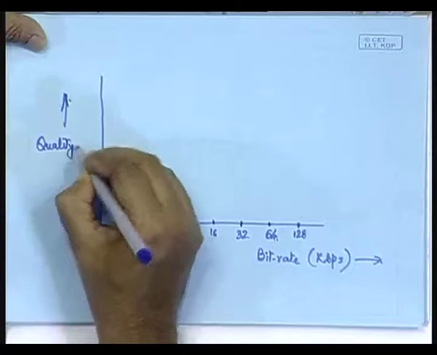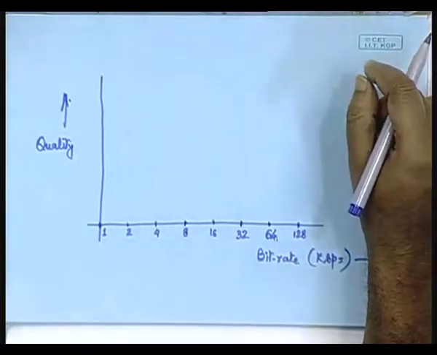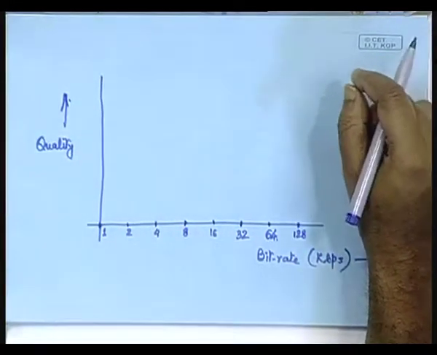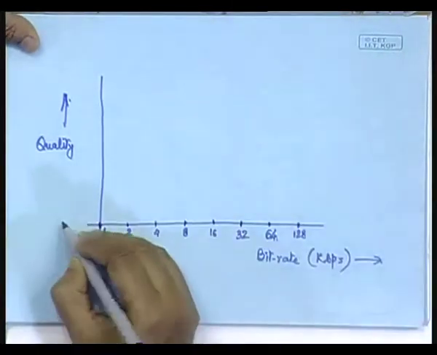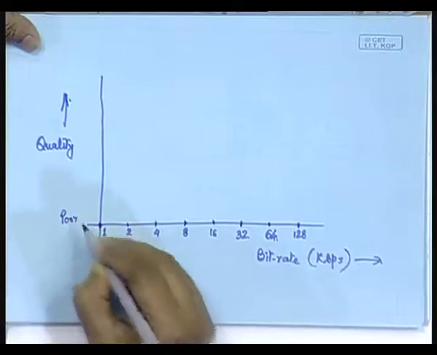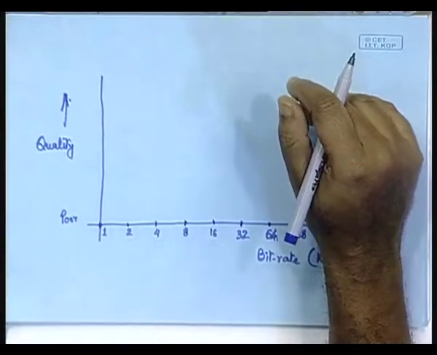Now, when we say quality, it is somewhat subjective. So, how do we assess the quality subjectively? Well, there we form a kind of mean opinion score.